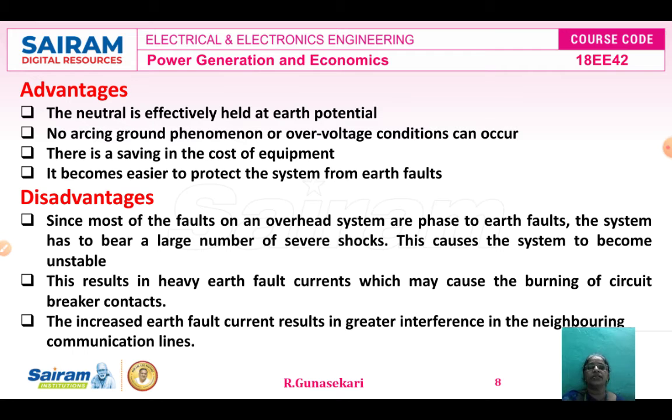The disadvantages are that most faults on the overhead system are phase to earth faults, so the system has to bear a large number of severe shocks, which causes the system to become unstable. It also results in heavy earth current, which may cause burning of the circuit breaker contacts. The increased earth fault current also results in greater interference in neighboring communication lines. These are the disadvantages of solid grounding.